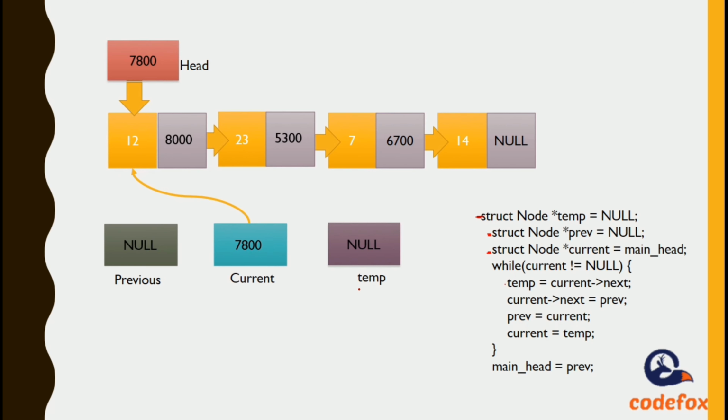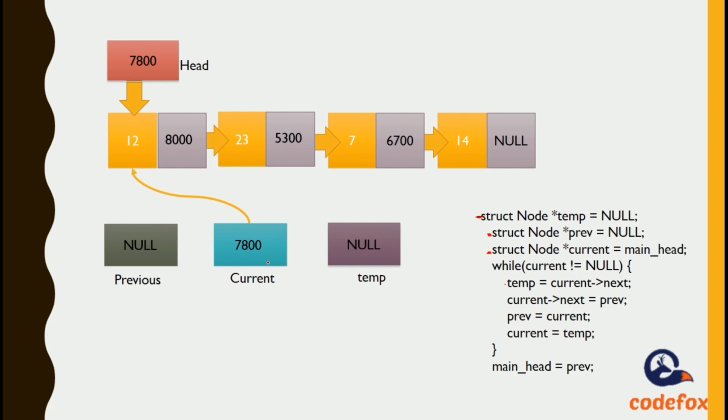Okay, so now we'll jump to the loop, and this loop says that it will keep looping until this current pointer does not store null. That is, if current has null in it, we will get out of the loop.